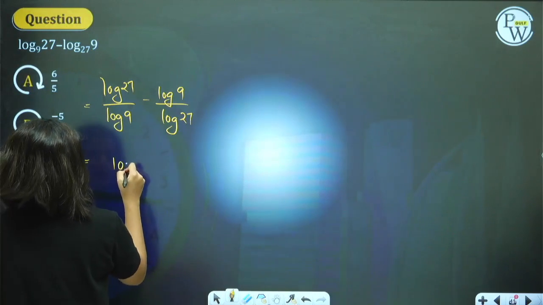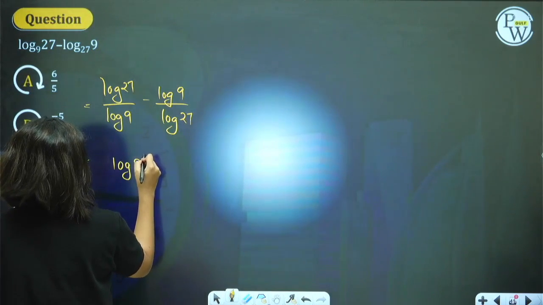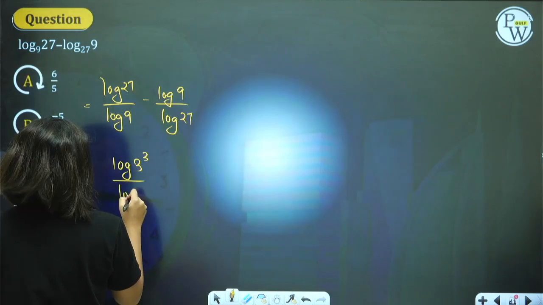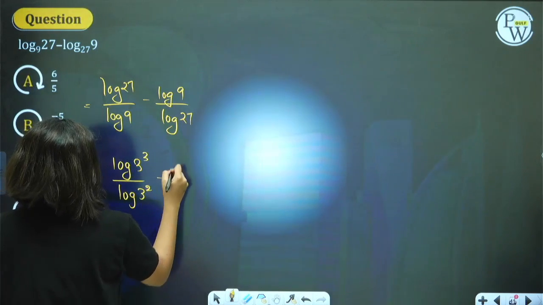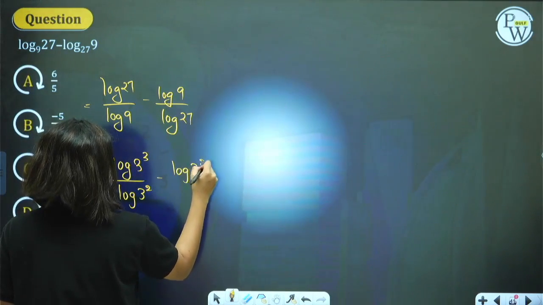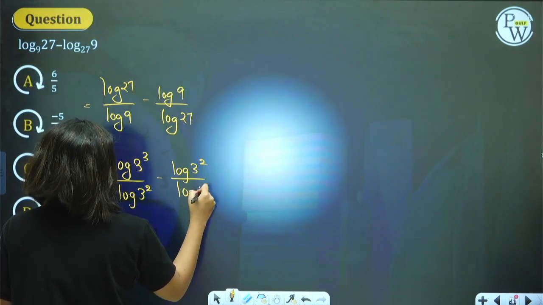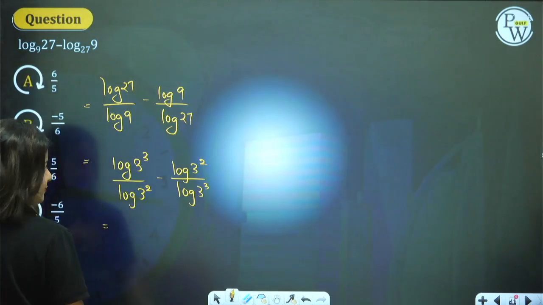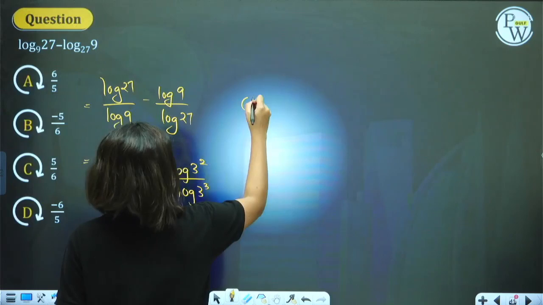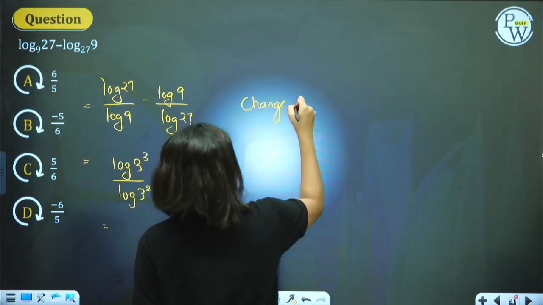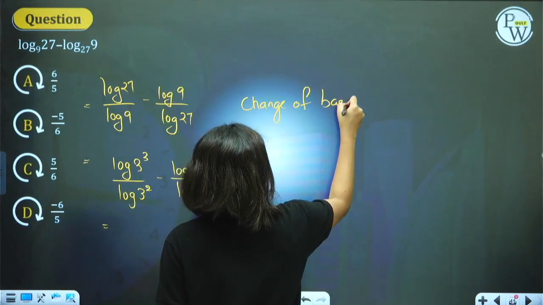27 can be written as log of 3 raised to 3. 9 is log of 3 square minus log of 3 square, log of 3 cube. Use the exponential law. This was right now change of base law. Do you remember the change of base law?